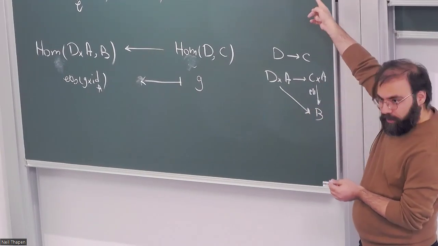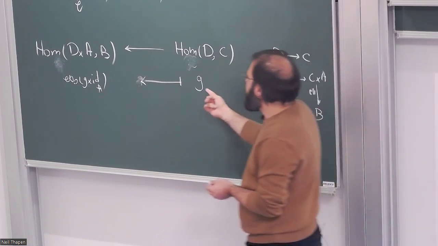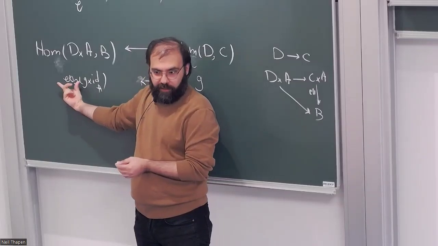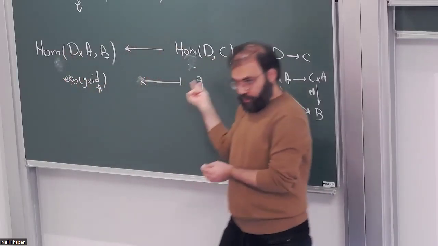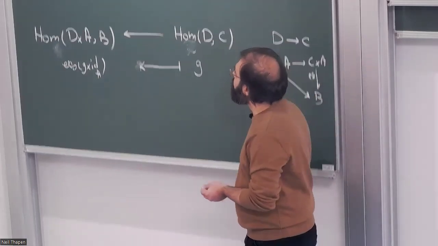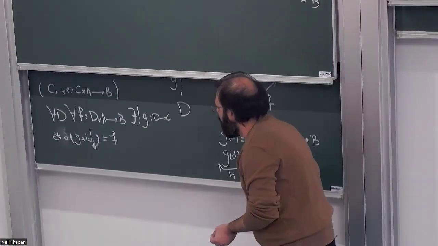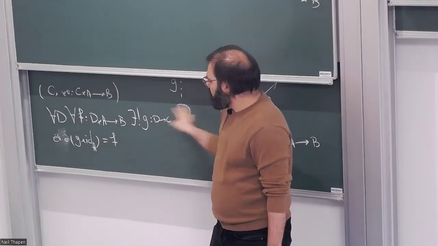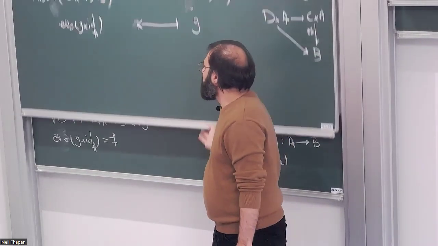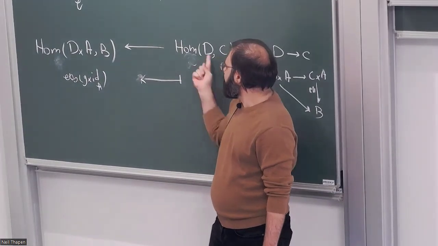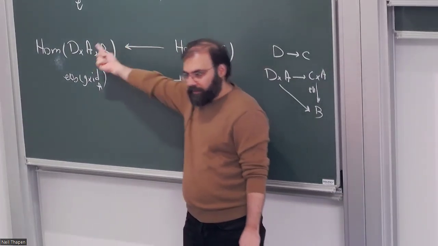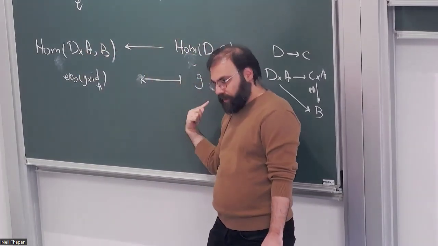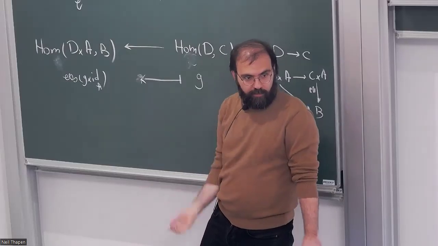The point is that the condition I have there simply says that this g is unique for any f here and also exists for any f here, because I'm saying that for any f, there exists g such that f equals this. So if you write it in a fancy way, it simply says that this obvious function from this set to that set is a bijection. For any f, you can find a unique g such that this holds.